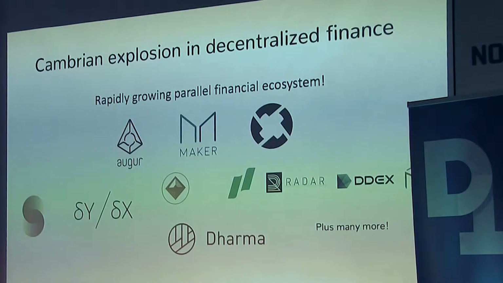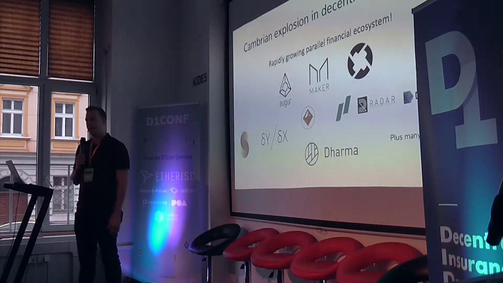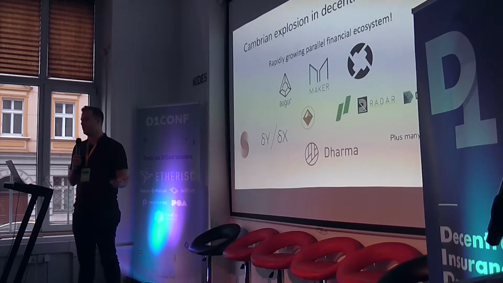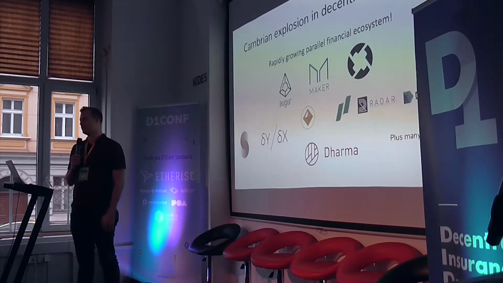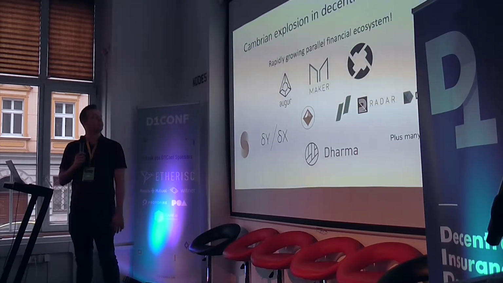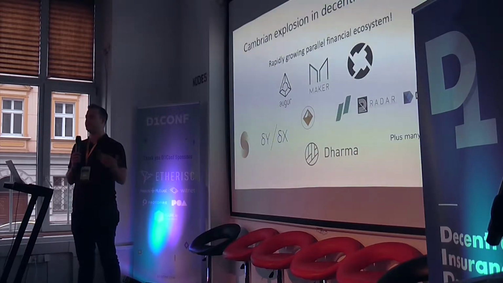And so right now, Jake mentioned it a little bit, but there's what I would call a Cambrian explosion in decentralized finance on Ethereum right now. What started from a couple of key protocols has basically resulted in this rapidly growing parallel financial ecosystem.